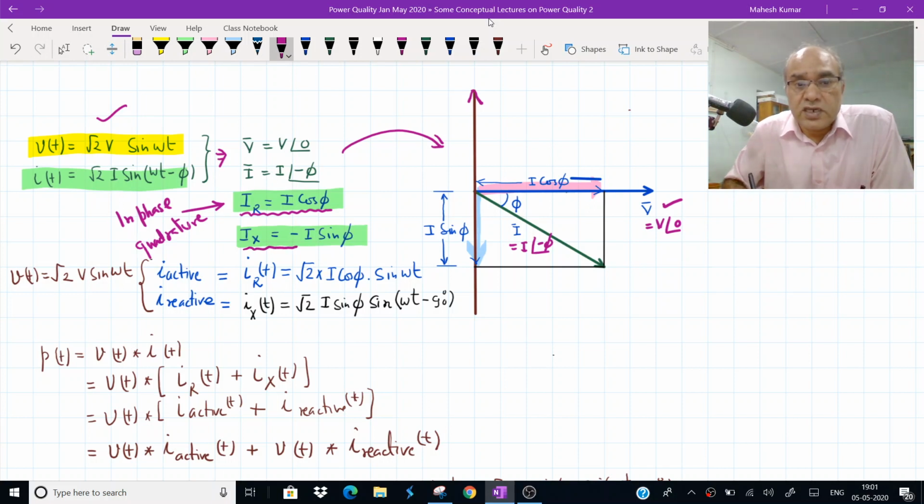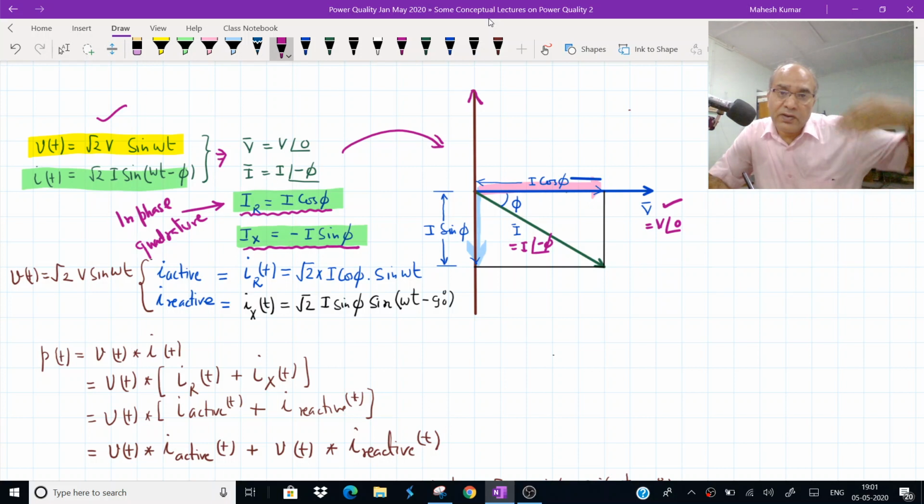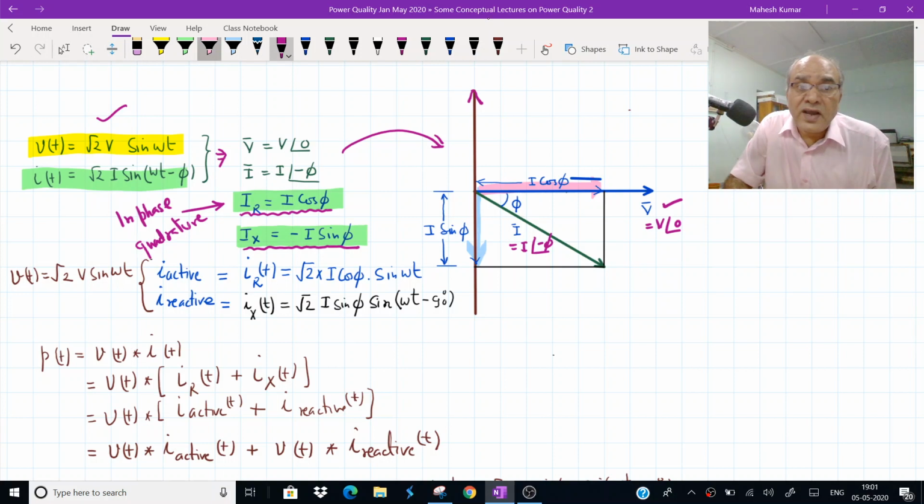Ix, x for quadrature, and its value is minus I sin phi because this is downwards. So therefore we can say the in phase component forms the active power, because there is no phase shift and the power will be dissipated, absorbed by the load. And the reactive component is the one which forms 90 degrees from the voltage.